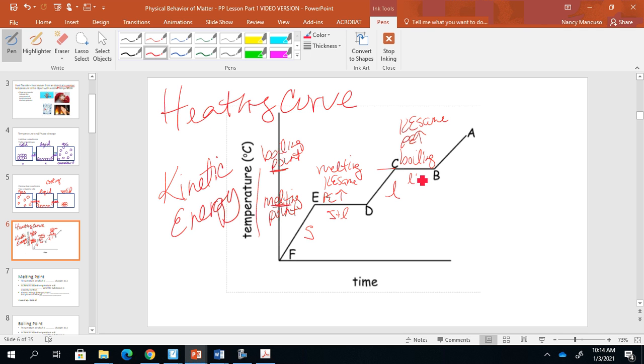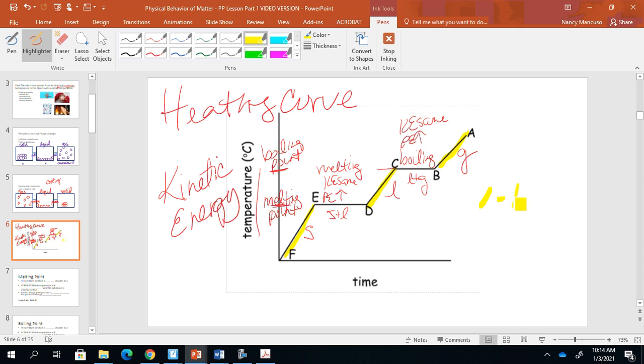And here I would have both a liquid and a gas because it's changing. And by the time I got to this section, by the time I got to B, it would be all gas. And so you're heating the gas again in the B to A section. So if I do this again, I'm going to just take this yellow highlighter color and I'm going to say here, here, and here.